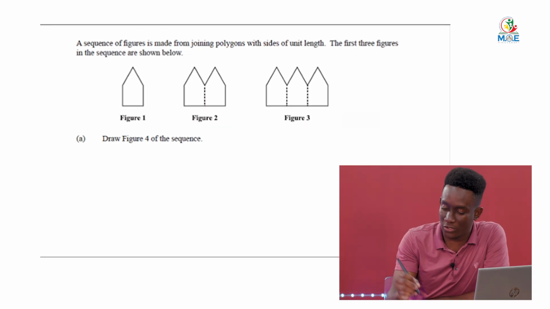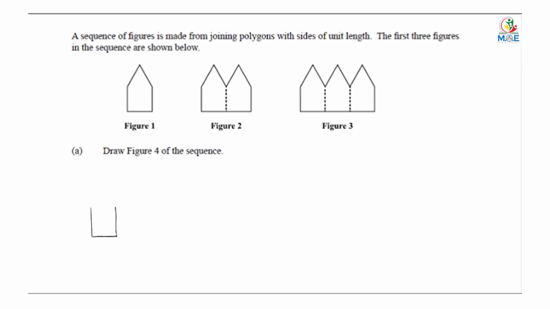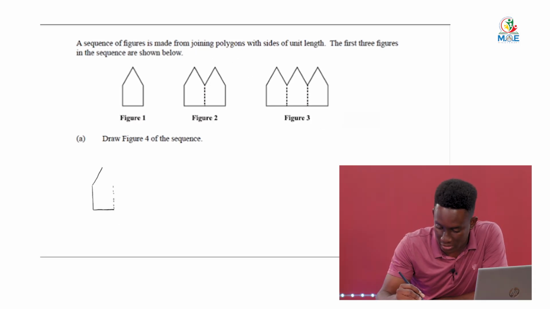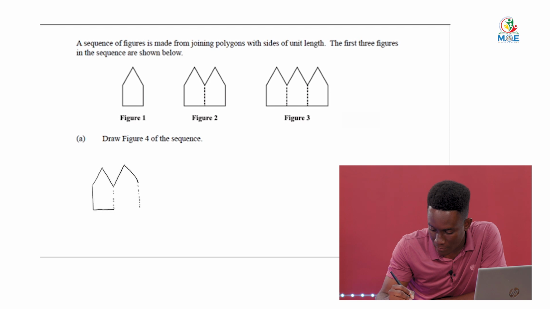So for figure 4 that we want to draw, we need to draw back figure 3. And then I'll draw in the roof looking part, another roof looking part, and the other roof looking part.